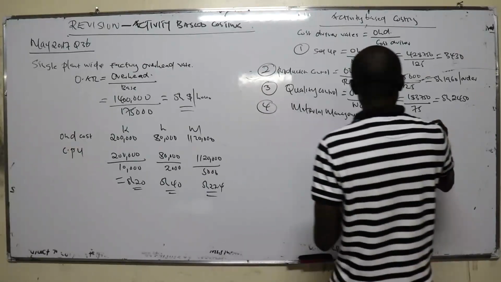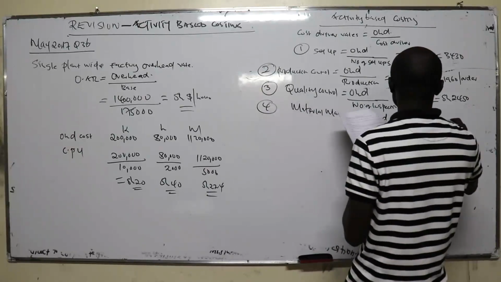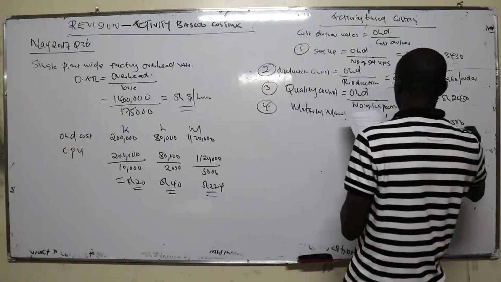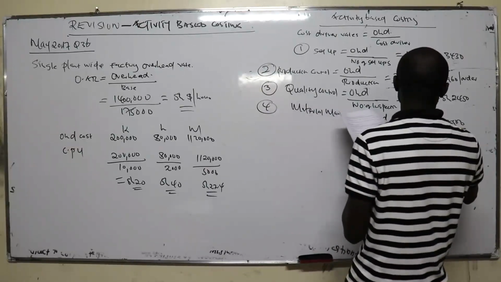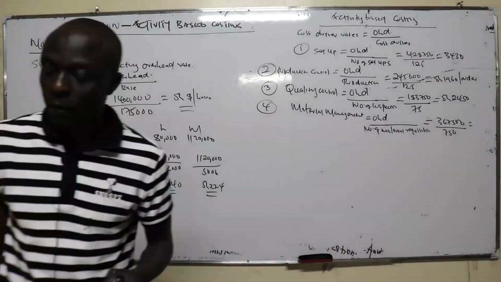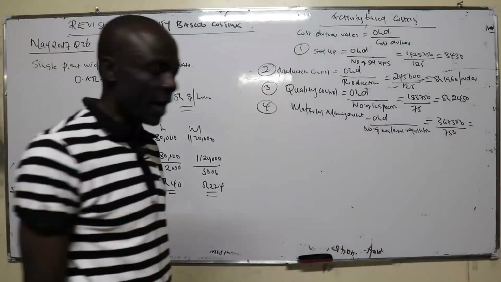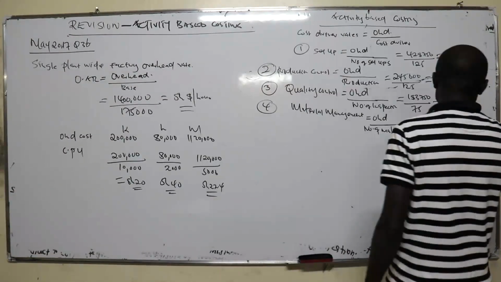The overhead allocated there is 367,500 over 750. So that one is going to give you 490 per requisition. So this is shillings 490.